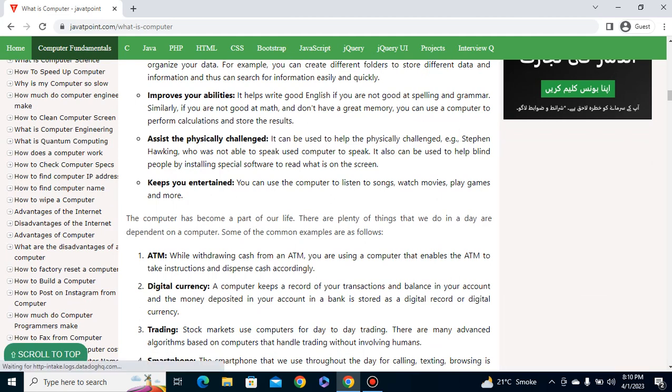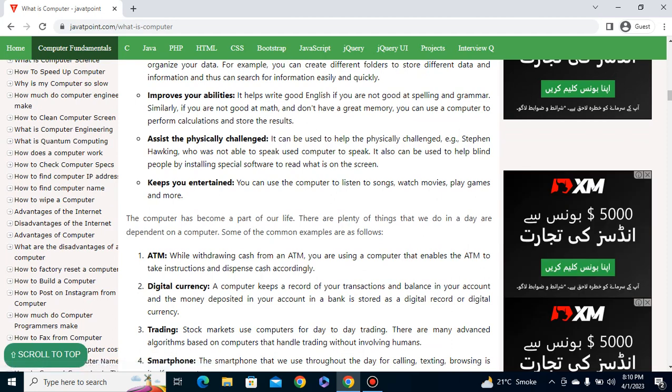The computer has become a part of our life. There are plenty of things that we do in a day that depend on a computer. Some of the common examples are as follows. ATM. While withdrawing cash from an ATM, you are using a computer that enables the ATM to take instructions and dispense cash accordingly.